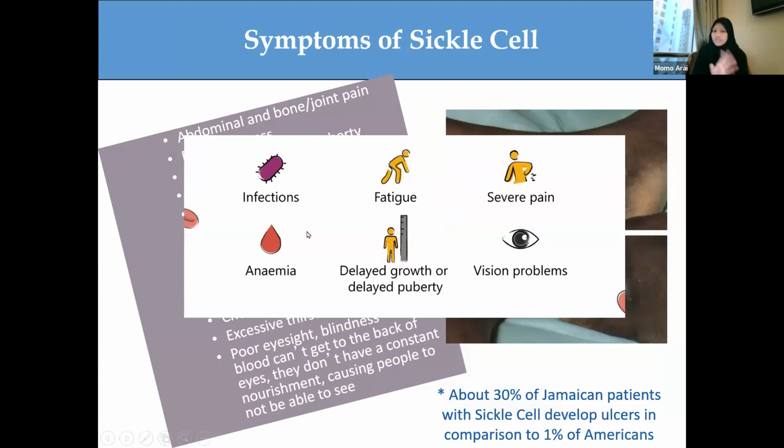Now, the importance of knowing the combination of symptoms is that when they give you a case of sickle cell anemia and they say, oh, he presented with this, and anemia, and what's the mutation causing the gene? So you guys know that this is sickle cell anemia that you're talking about.